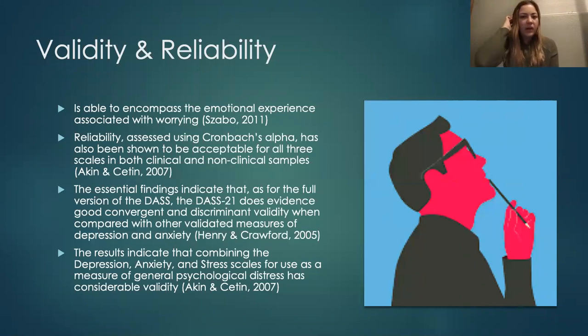It is found that reliability is acceptable for the 3 scales used with this way of measurement, and it is true for both clinical and non-clinical samples. For validity, the full version of the DASS, as well as the short form, the DASS 21, both prove to have good validity. This is particularly true when it is compared to other ways of measuring depression and anxiety. Therefore, the DASS is both a reliable and valid measure.